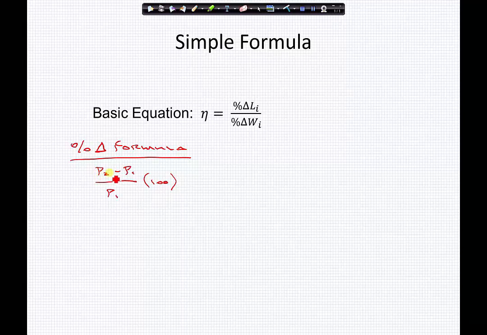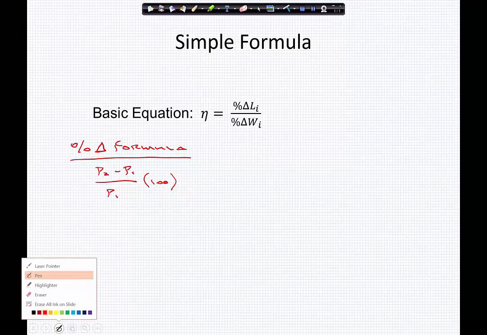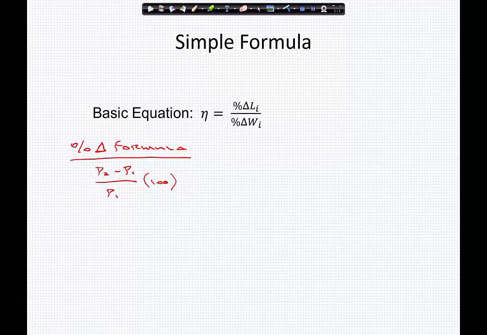So when we have P2 minus P1, we have the change in price divided by the original price, such that we now have this as a decimal, and this gives us a percentage change from the original basis that we have. So let's go ahead and use that structure in both the denominator and the numerator of the simple formula.